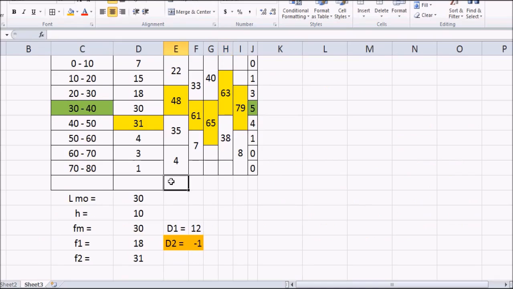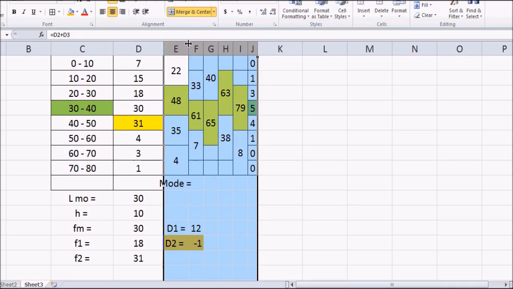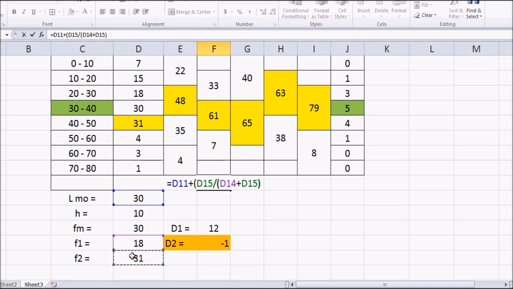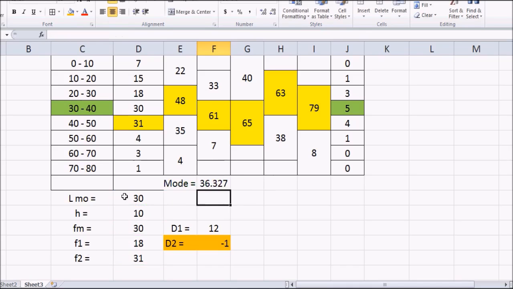Mode equals lower value of the modal class, which is 30, plus frequency after the modal class, which is 31, divided by the sum of the frequencies before and after, so before is 18 plus after is 31, and the whole thing multiplied by the width, which is 10. So this is our mode for this problem.